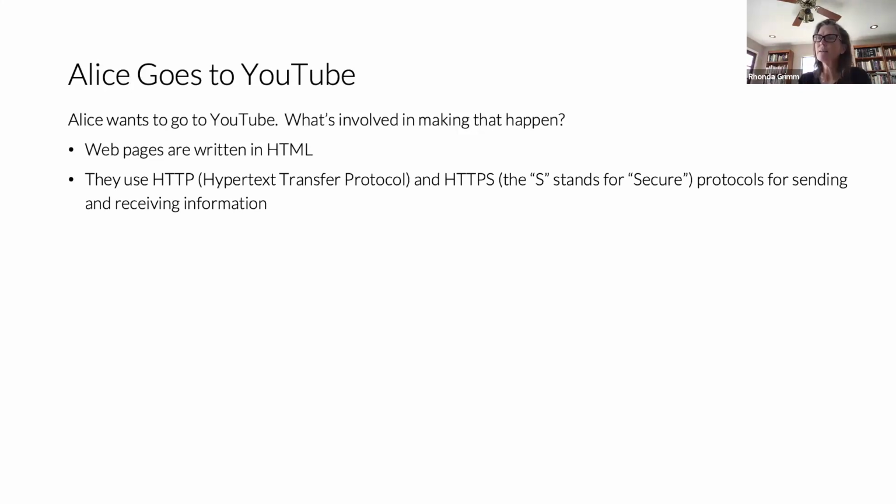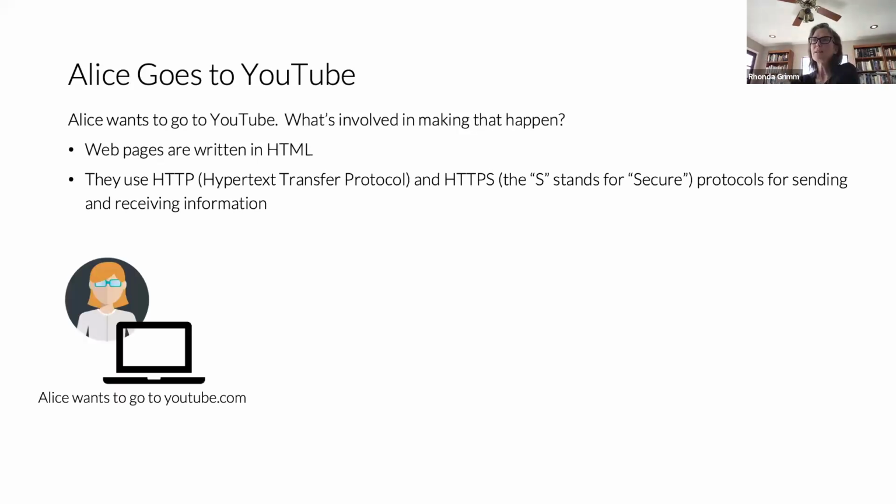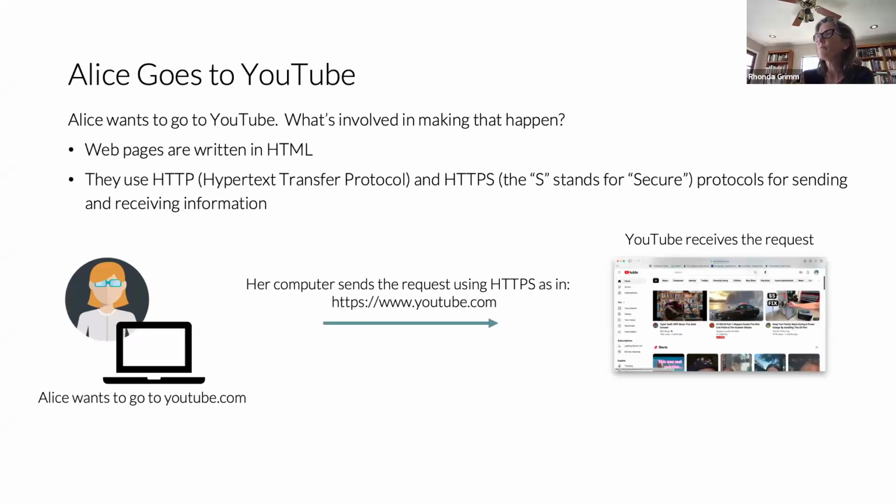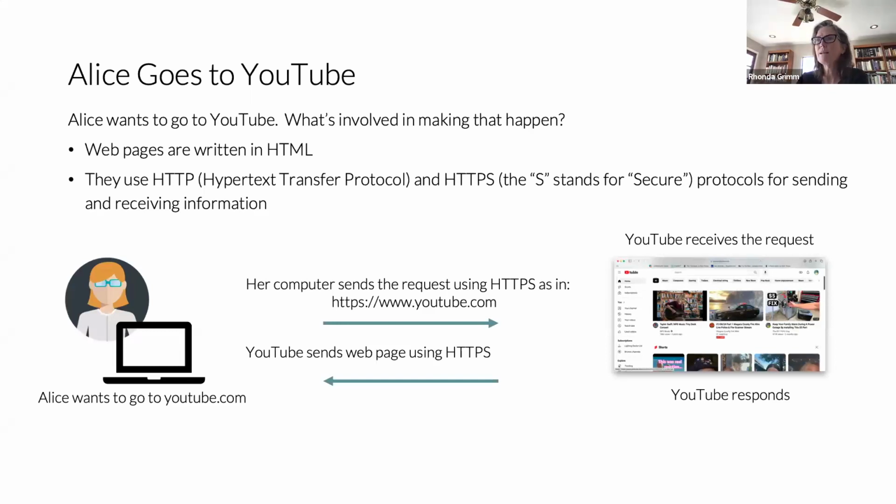It's a secure form of sending it along. The page is written in HTML. You use HTTP to push it down the highway. So Alice's computer sends the request using HTTPS, as in https youtube.com. YouTube receives the request, says sure, responds, and sends the web page in HTML back to Alice's computer, and then she gets the YouTube page.